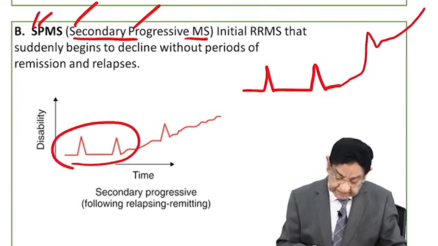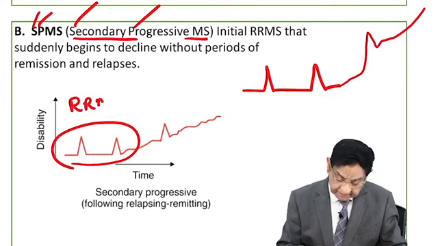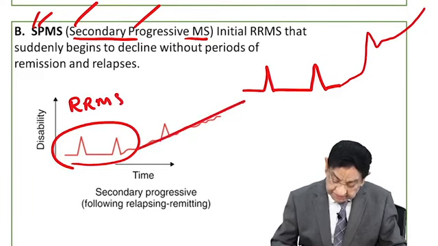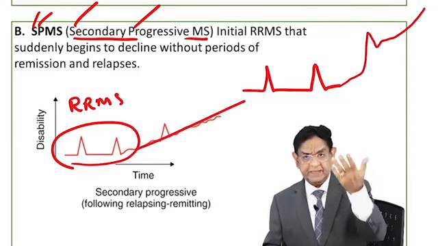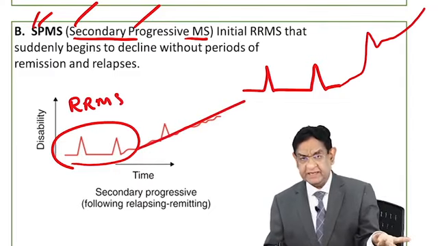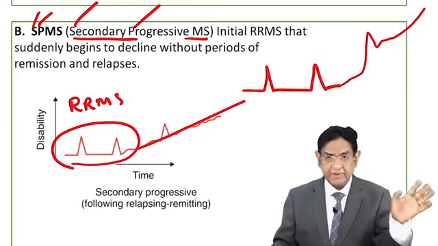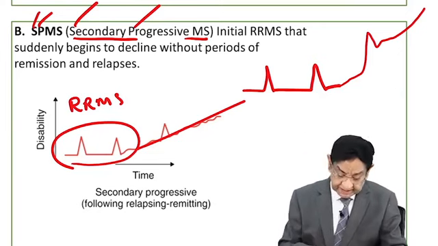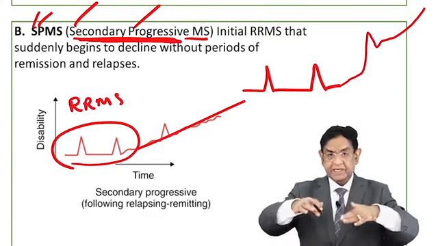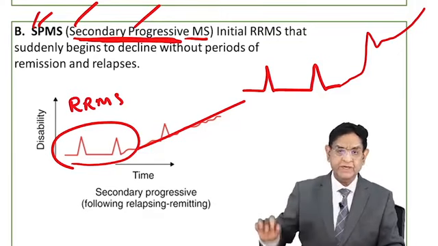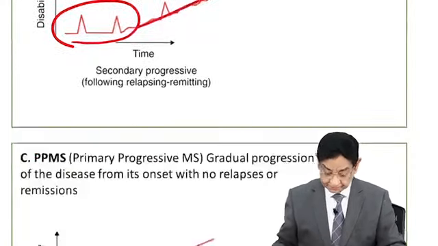Initially it was just like RRMS, but now it is progressing. So now, after each attack, the patient has some deficit. It's not completely cured. This is the so-called secondary progressive. That means initially RRMS, later on it starts going into progression.